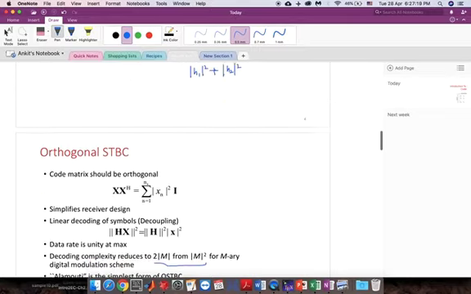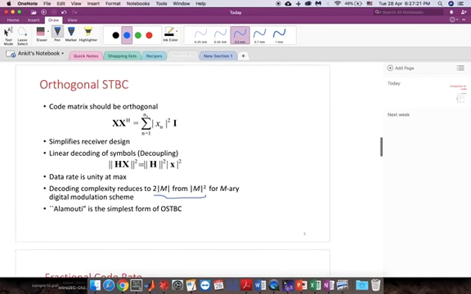It provides the decoupling. Due to this fact, we can reduce the decoding complexity from m raised to the power nt, in this case nt is 2, to ntm, that is 2m.